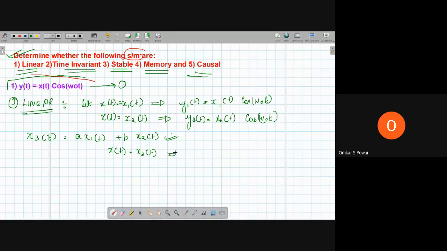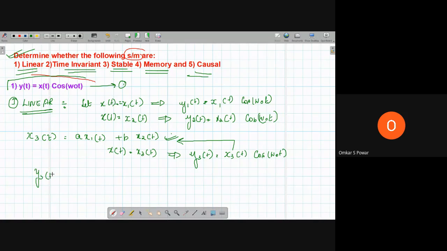So from the previous rule, what is y3 of t? y3 of t is equal to x3 of t into cos omega naught of t. Now we have to substitute x3 of t here: a into x1 of t plus b into x2 of t.